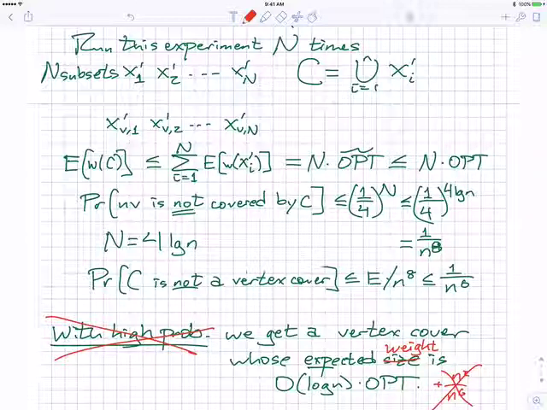This is, as far as I know, the best approximation algorithm known for weighted set cover, and you still get this expected approximation ratio of log n. I think there's a deterministic version of this where there's not any actual randomness, but it's considerably more complicated, and that extra complication is probably not worth the trouble.